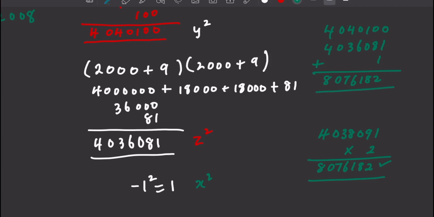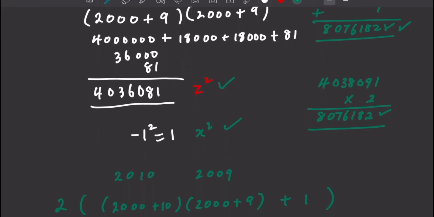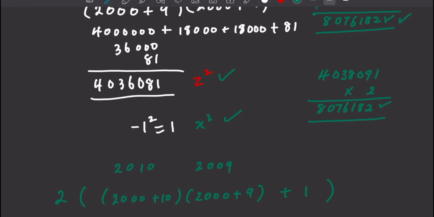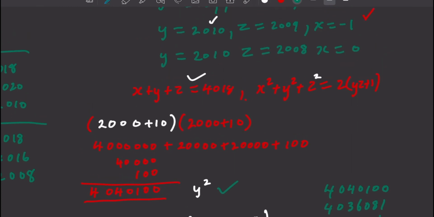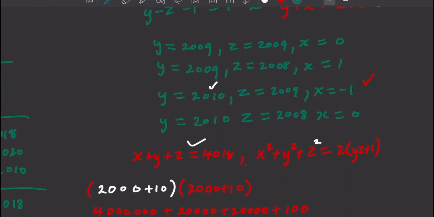So if we know this, that x squared plus z squared plus y squared gives us this value here, and we have that when we add together y times z plus 1 and we times it by 2, we get the same value. So this is one of our solutions.